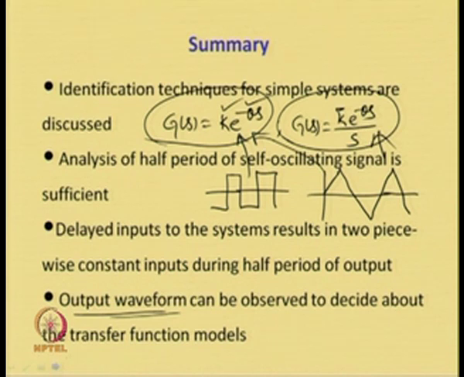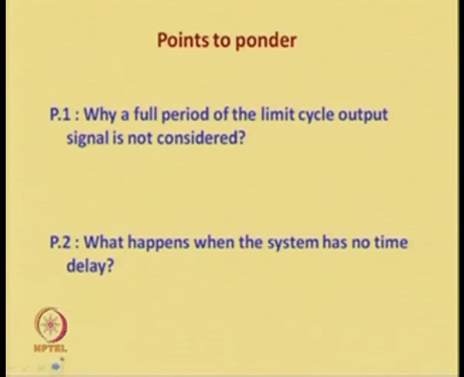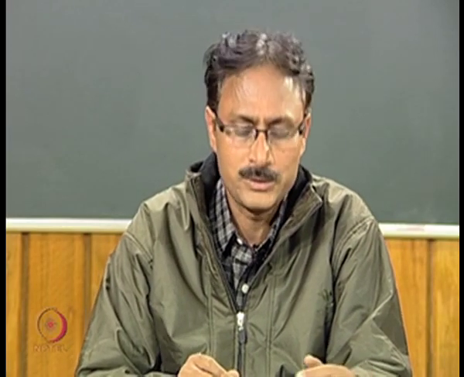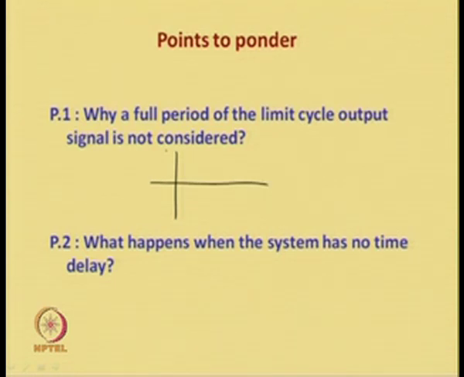Some points to ponder: why is a full period of the limit cycle output signal not considered? Since we do get half wave symmetricity of the output signal, there is no need of considering the full period of the limit cycle output signal, because the information that we get from the half period is enough, in the sense that the negative of the half period is available during the time beyond the half period.